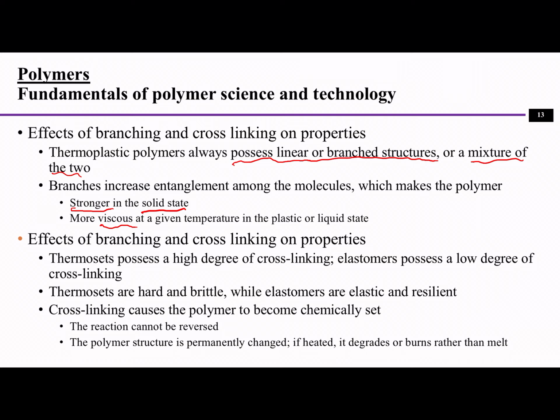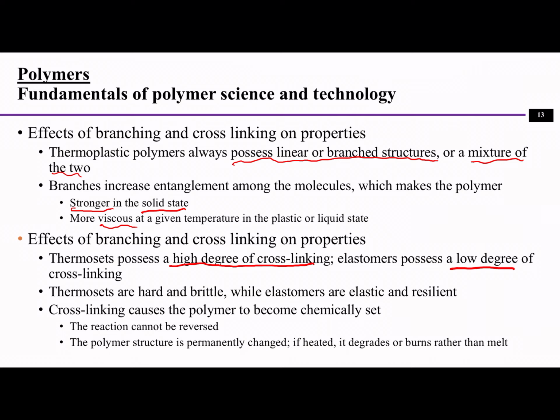Well, for crosslinks, thermosets usually have a high degree of cross-linking, and elastomers also have cross-linking, but a low degree of cross-linking. It's not as high as thermosets.